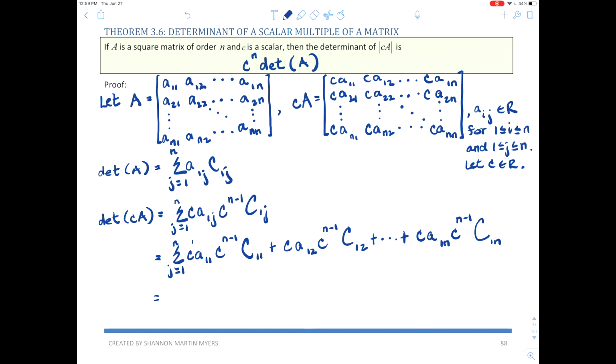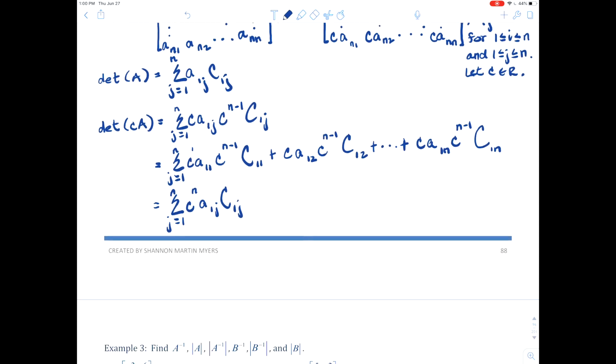Exactly. So each of these is going to simplify to C to the n, because 1 plus n minus 1 is just n, times A1j times our cofactor C1j. All right, well, what can we do with a scalar from a summation? We can bring it out, correct?